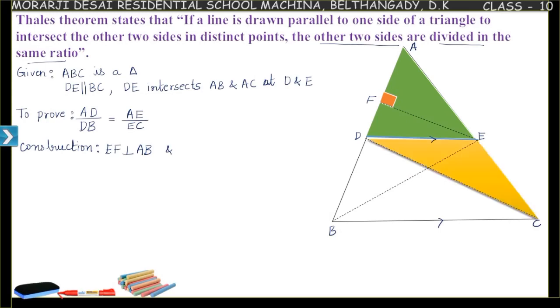Now to compare the area of triangle ADE and ECD with base AE and EC, we have to draw a perpendicular from D. Now DG is perpendicular to AC.